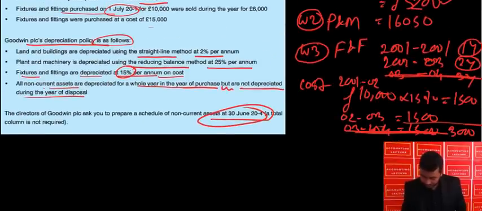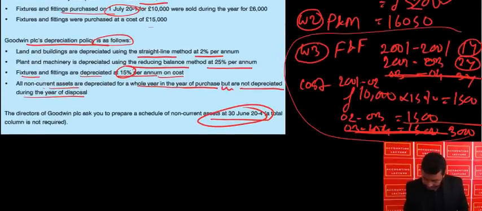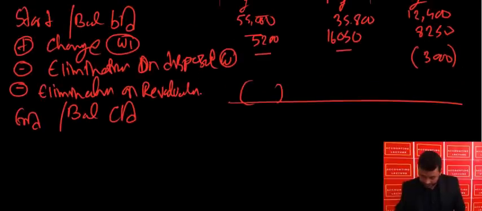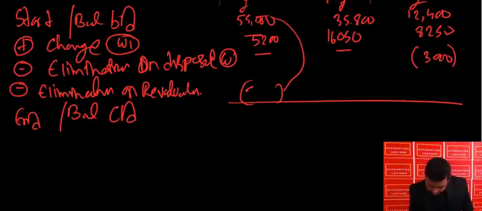We've done quite a few workings for this elimination on disposal to get our desired answer. 3,000. That should be taken away. Yes, we did it. And elimination on revaluation, which is exactly 55,000. There should be no previous depreciation. That should be taken away as well.